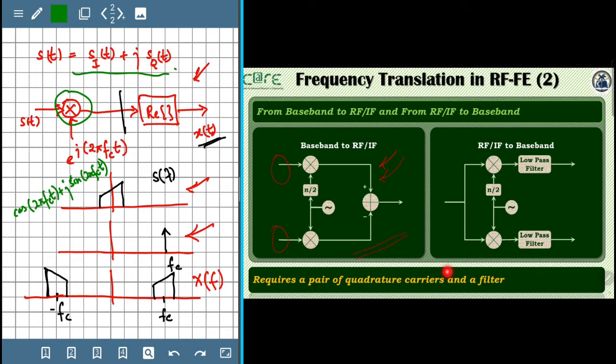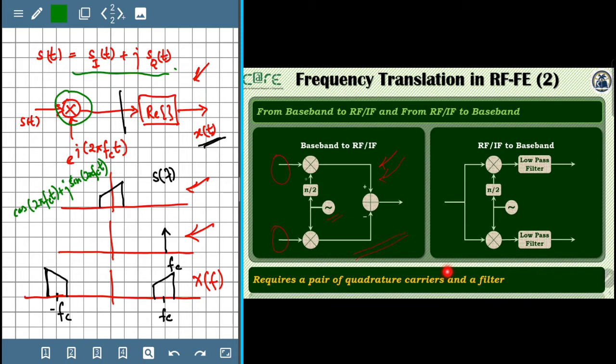So we see that this is a fundamental operation of the RF frontend. Once it wants to convert a baseband signal to any desired IF or RF frequency, it needs to do this type of operation. And we call this IQ mixing, because there is a local oscillator that produces a particular center frequency.